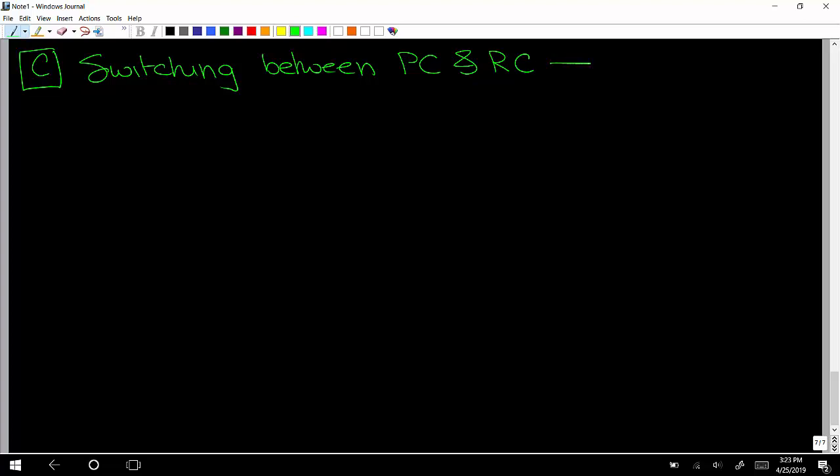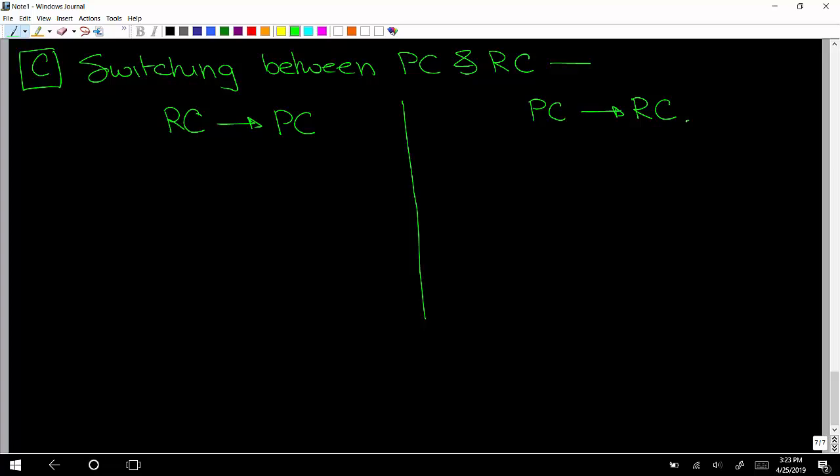So how do we switch between the two coordinates? Okay, so let's take a look at that. I'm going to start first by going from rectangular coordinates to polar coordinates, and then we'll go from polar coordinates to rectangular coordinates.